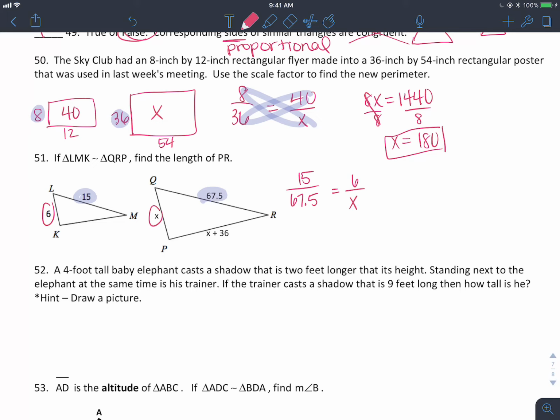Again, we're going to cross multiply. So 15x equals 6 times 67.5, which comes out to be 405. We divide through, and x equals 27. Our last step is solving for PR, which is x plus 36. So 27 plus 36 comes out to be 63.